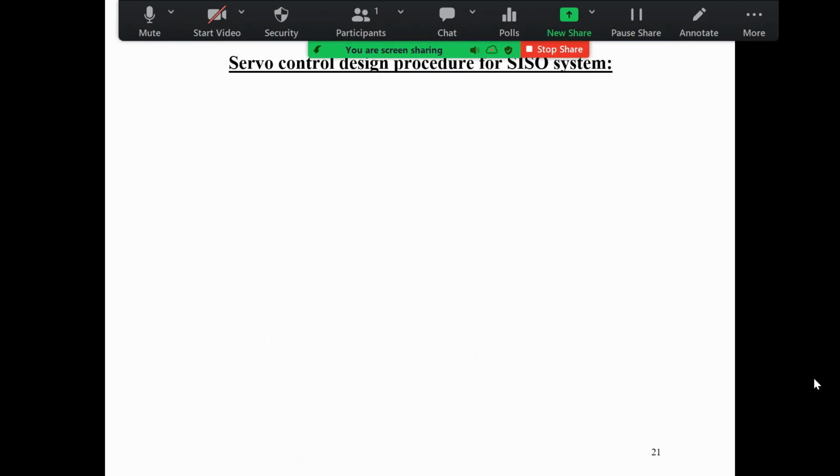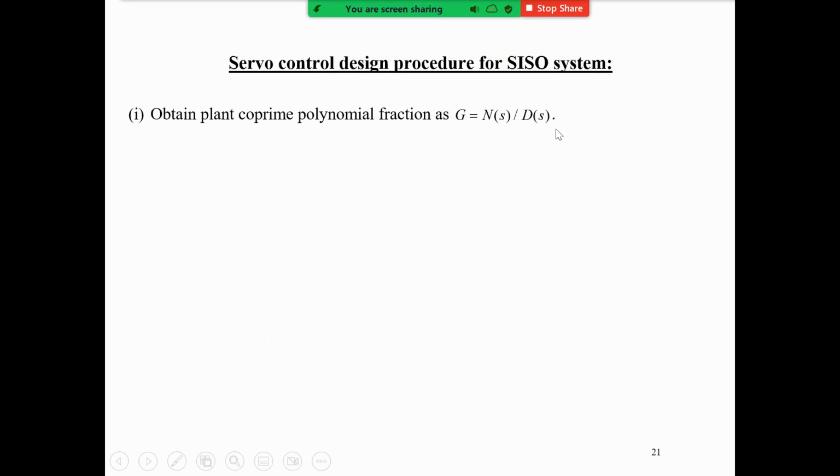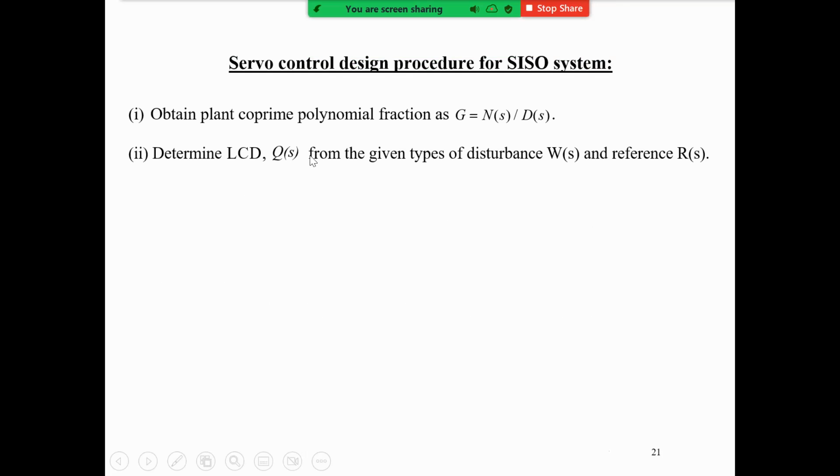So the design procedure: you first, of course, get the transfer function of this plant. Then you determine the unstable factors of the disturbance and the reference. You put them together, that's the least common denominator of W and R, Q. Once you have this Q, you form a generalized plant.